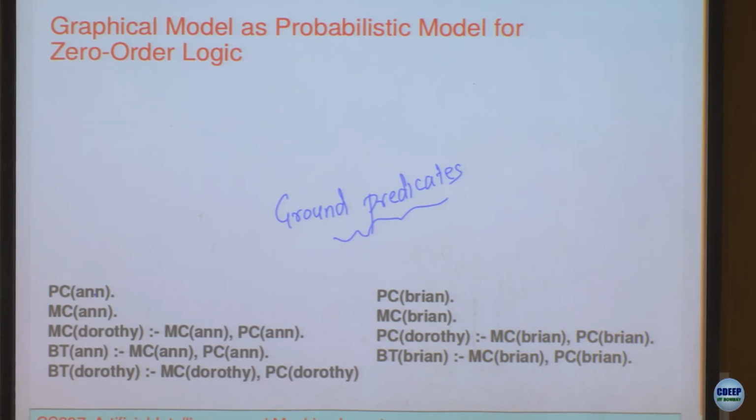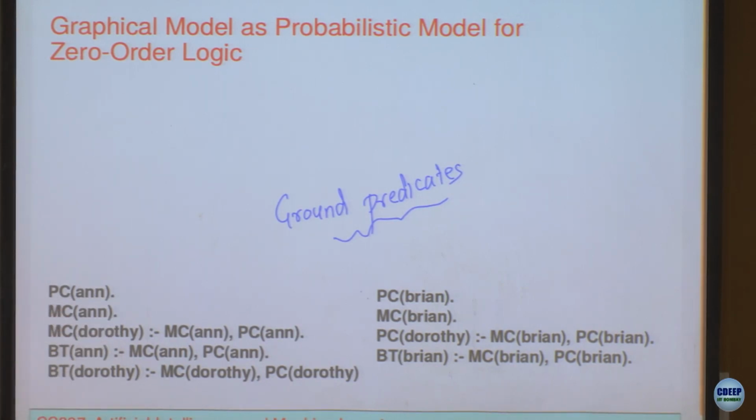The mother chromosome of Dorothy is influenced by the mother chromosome of Anne and the father chromosome of Anne. And the blood type of Anne is influenced by the chromosomes of Anne, okay. And there is another person, Brian, there.